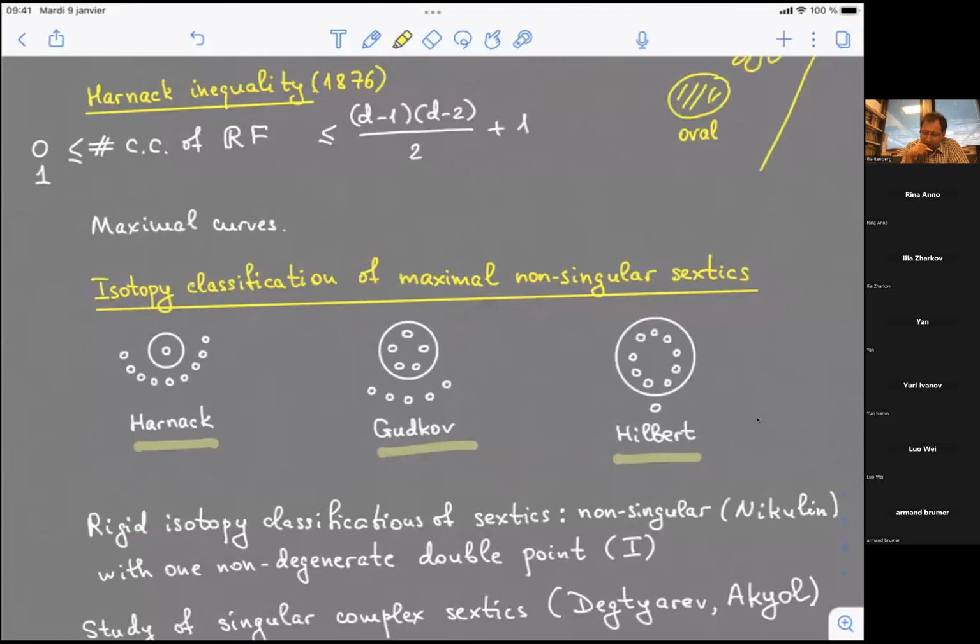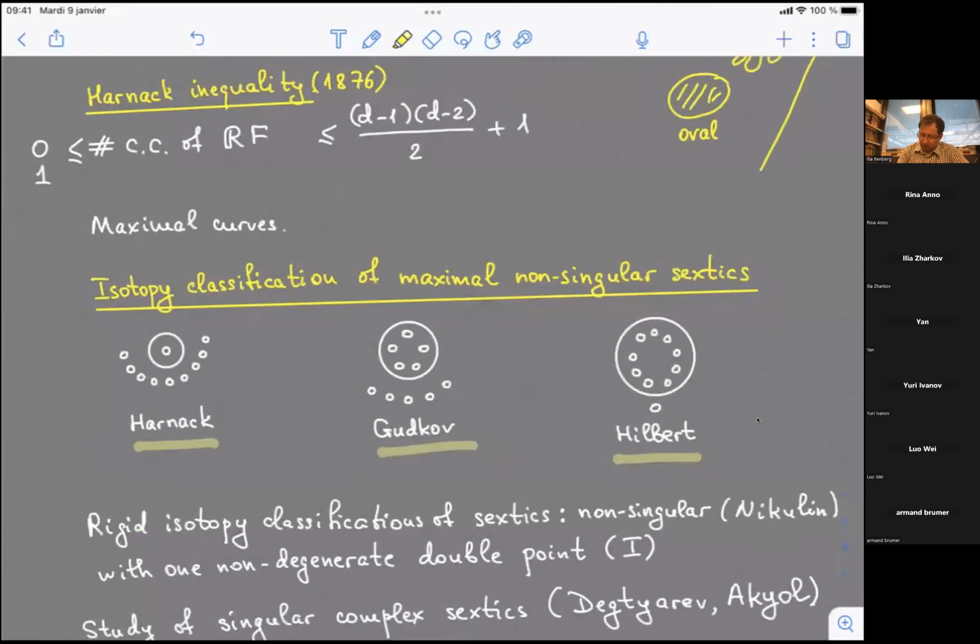And so what can happen with the small ovals? Each of the small ovals in my picture can contract to a point, which gives you a real sextic with one non-degenerate double point.